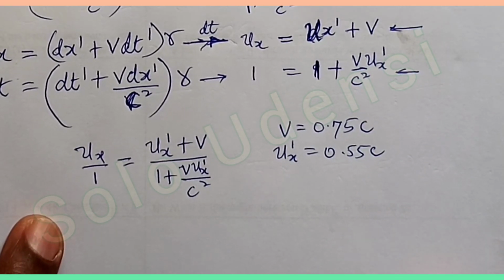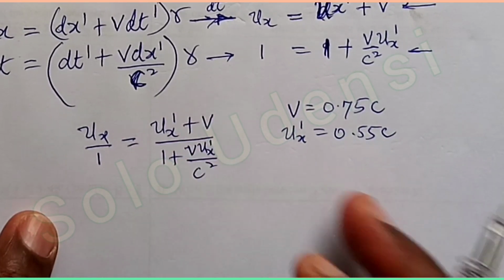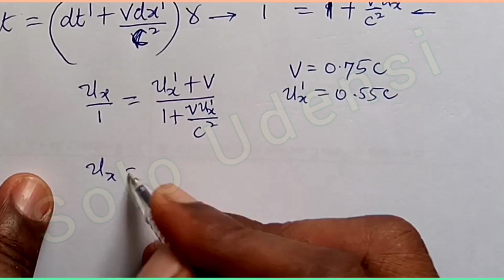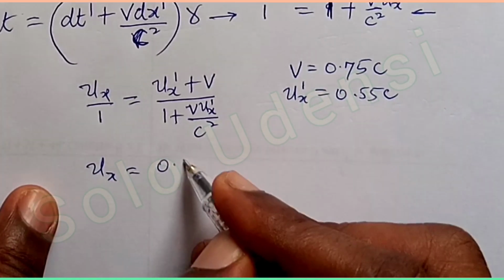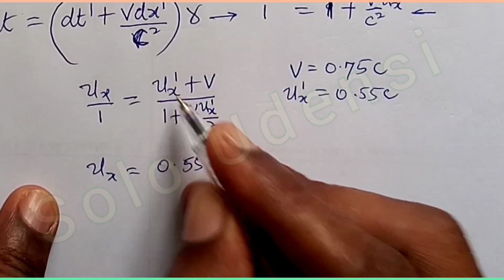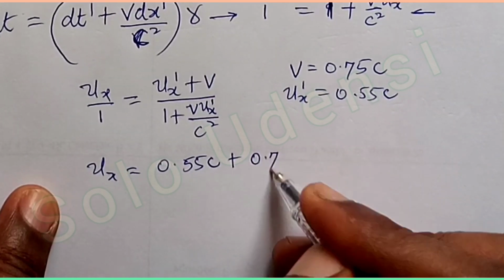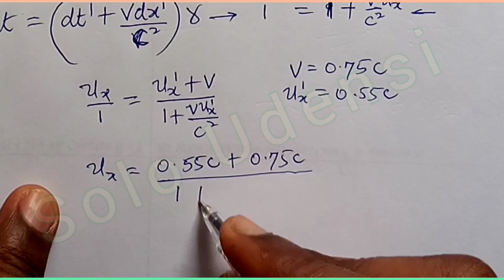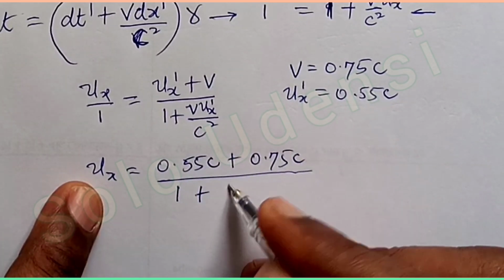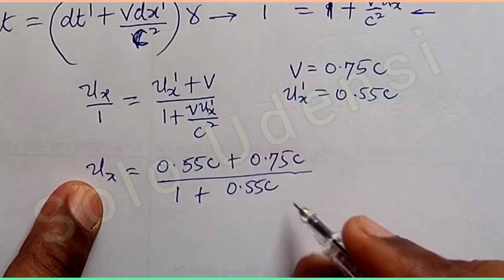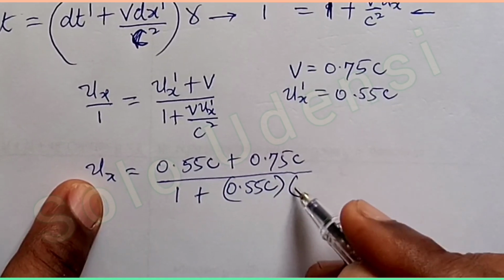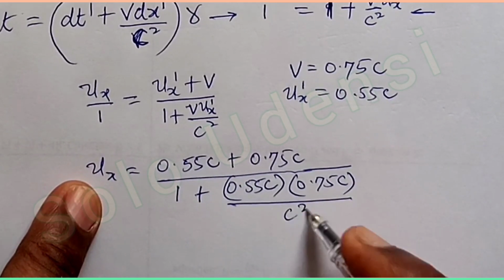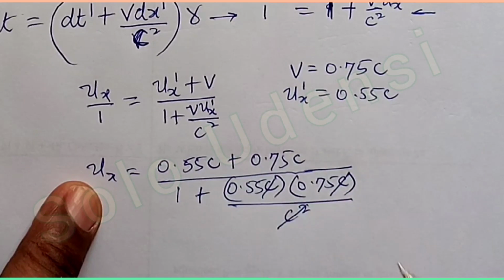If we now plug these into the equation, we will have that ux is equal to 0.55 c plus 0.75 c, all over 1 plus 0.55 c times 0.75 c over c squared. This c squared will cancel the two c's.